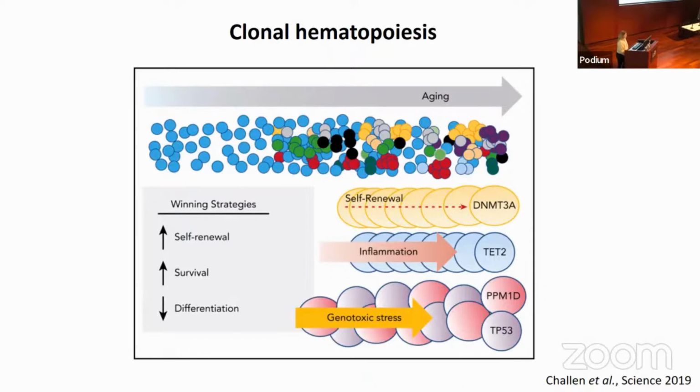But if mutations occur in certain genes, it leads to increased self-renewal, increased survival under stress conditions, and decreased differentiation, which causes this mutant clone to become the dominant clone in the hematopoietic system.